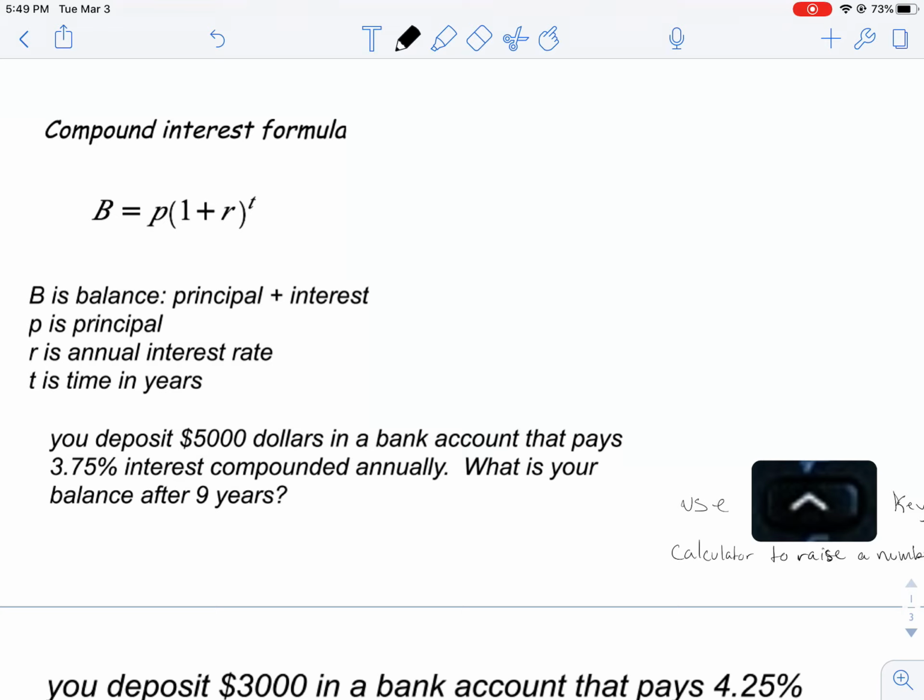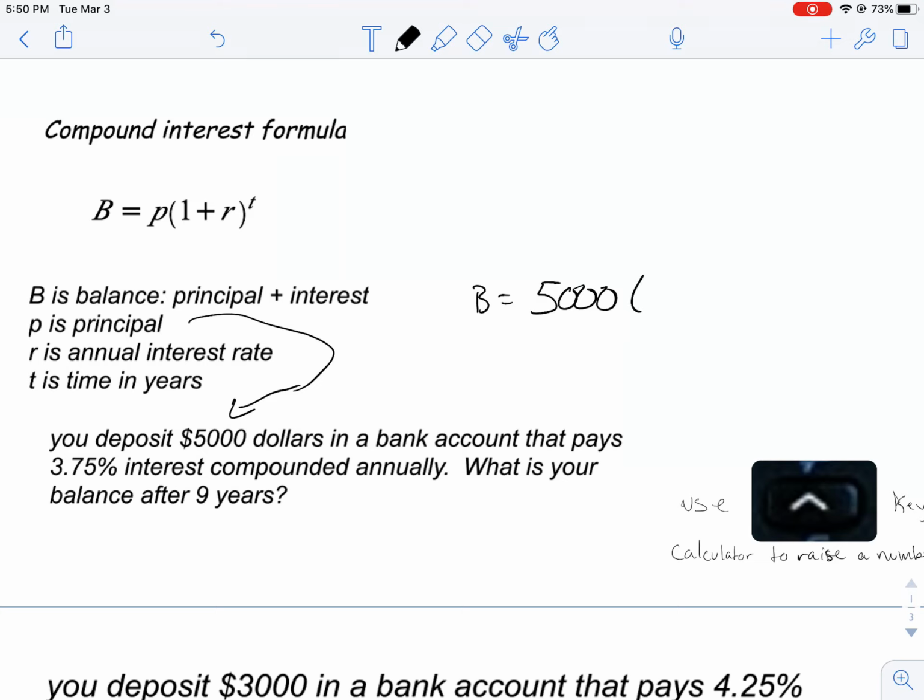So you deposit $5,000 in a bank account that pays 3.75% interest, compounded annually. We want to know what our balance is going to be after 9 years. So we're going to set it up. B equals our P, our principal, which is right here, $5,000.